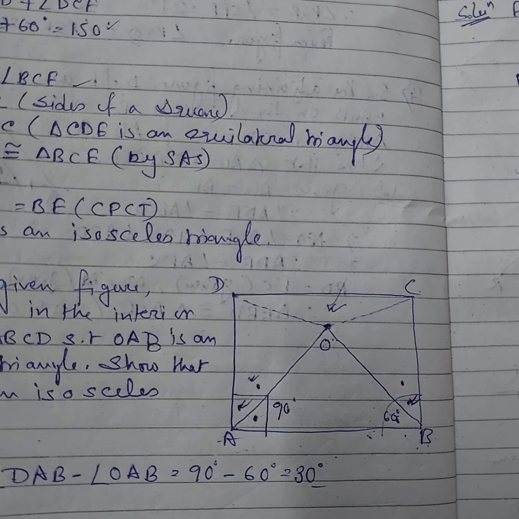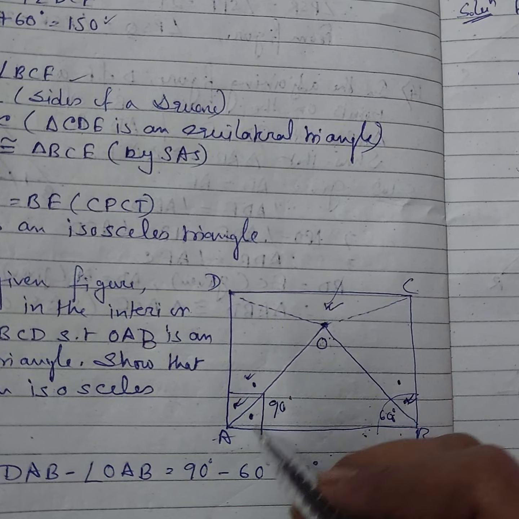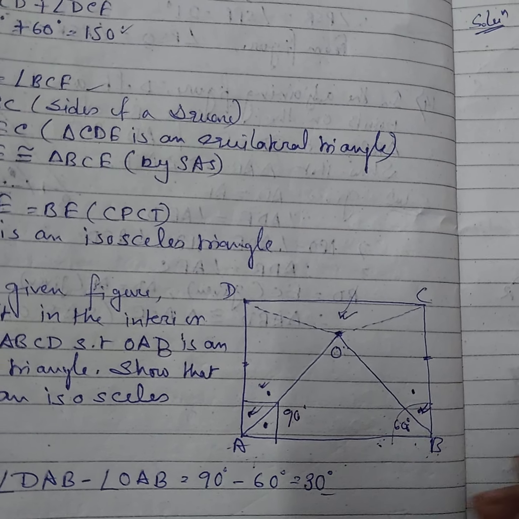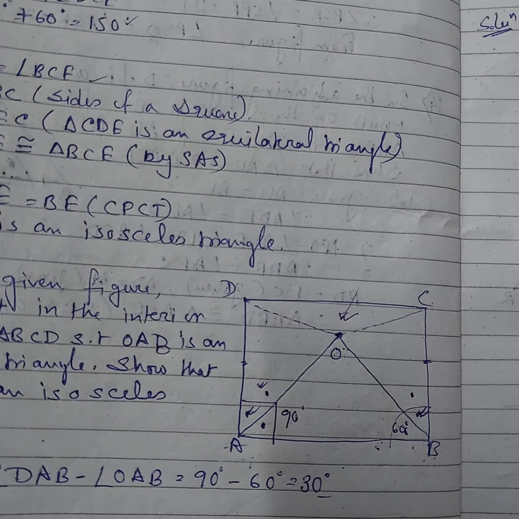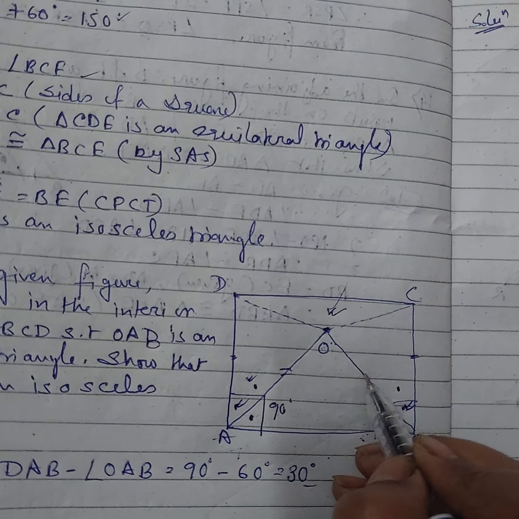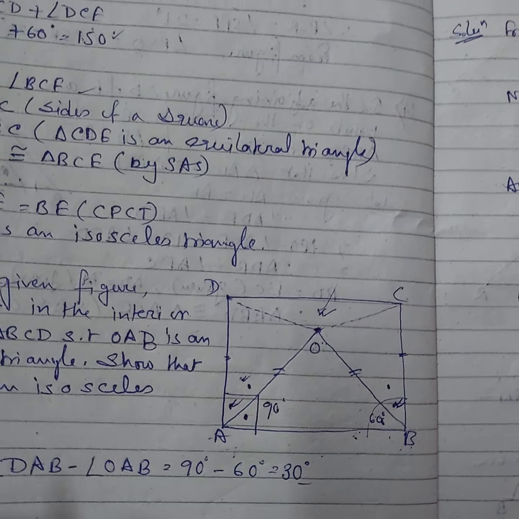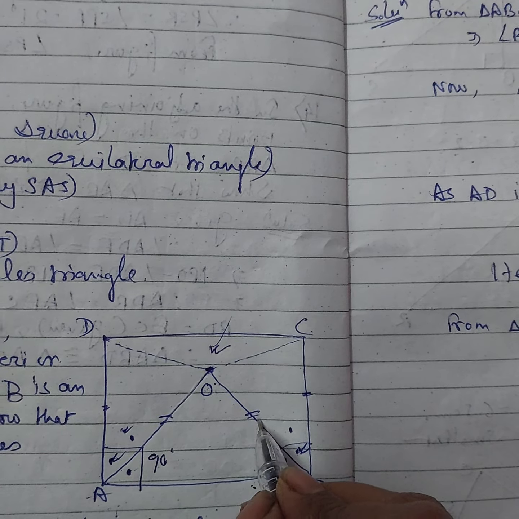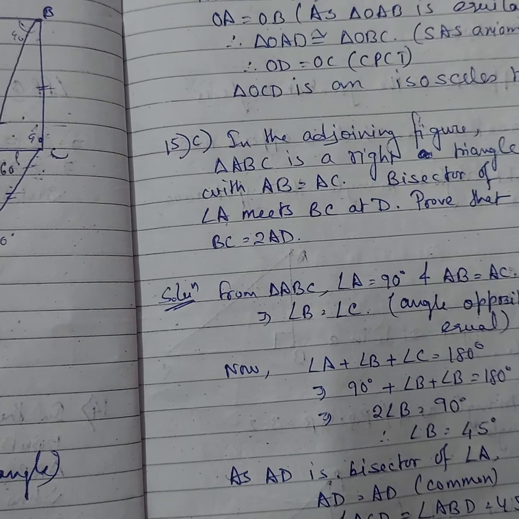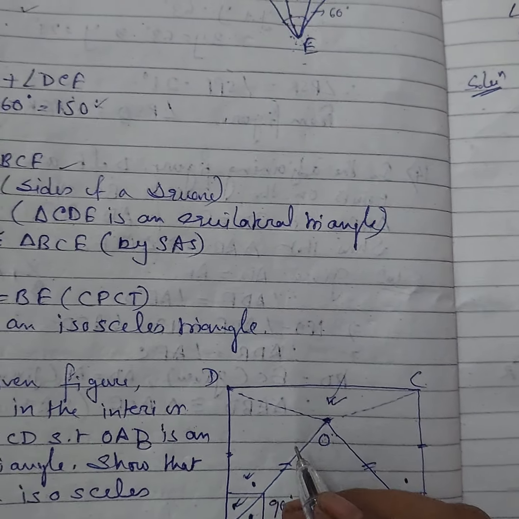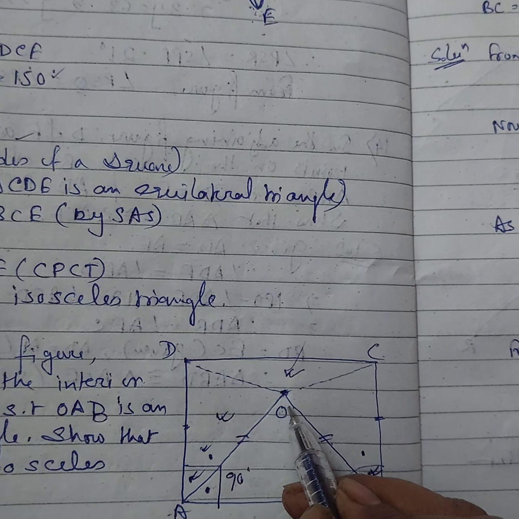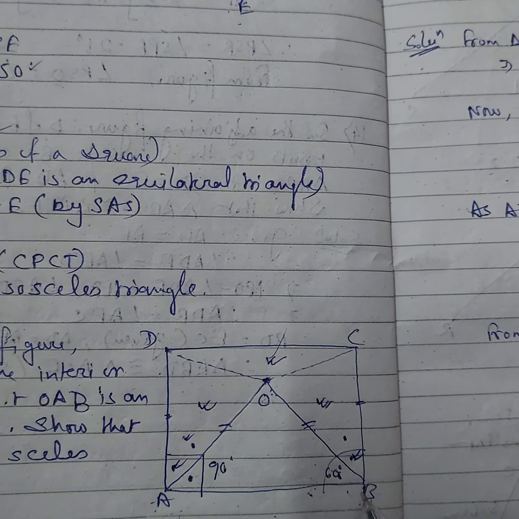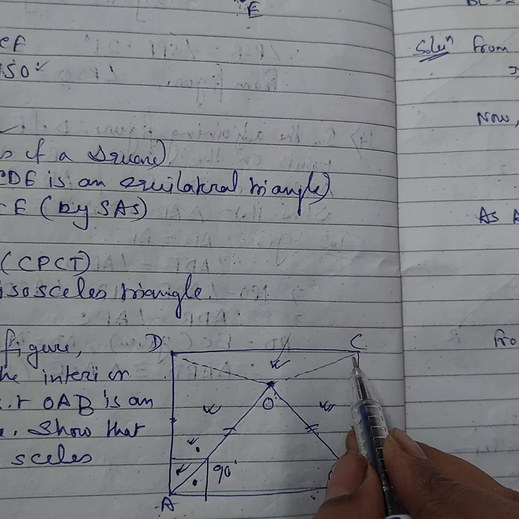Okay, and AD is equal to CB, since they are sides of the square. Again, OA is equal to OB, since these are the sides of the equilateral triangle. So from these three conditions, we can conclude that triangle OAD and triangle OBC are congruent to each other.